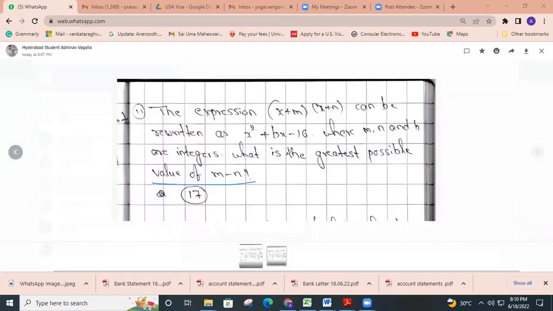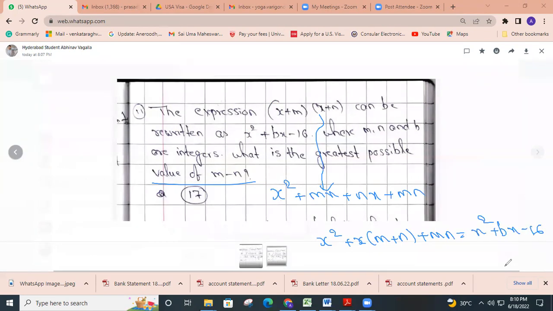Expanding, (x plus m)(x plus n) is x squared plus mx plus nx plus mn, so x squared plus x times (m plus n) plus mn equals x squared plus bx minus 16. Comparing, I get m times n as minus 16 and m plus n is b.